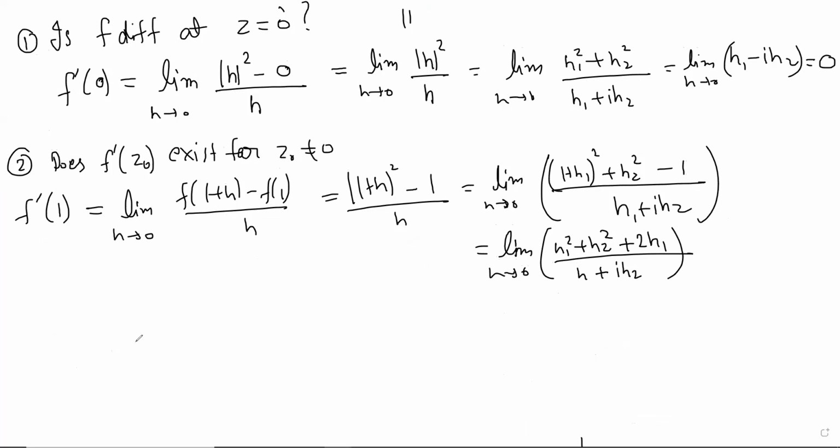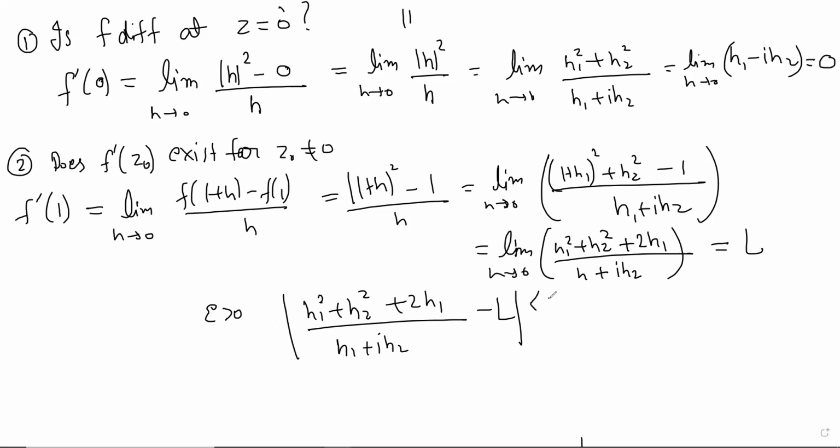Because the very definition is that if you claim, for example, the limit of this is L, then what do we want? We want that given an epsilon greater than zero, this quantity should become epsilon close to L for all h less than some delta.